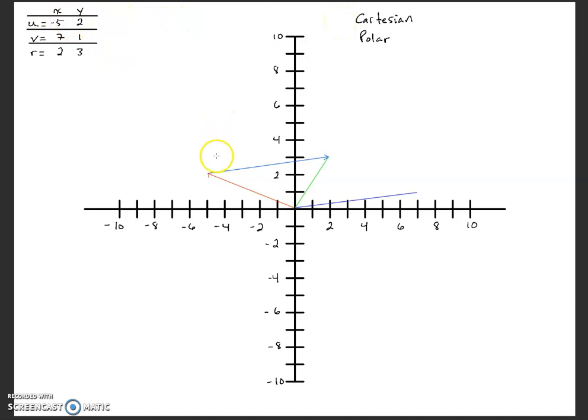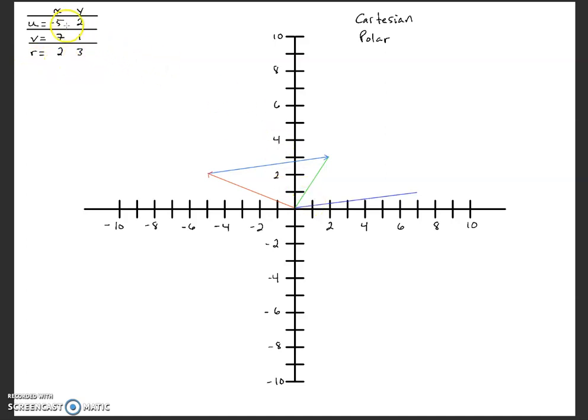I've given you a point where this magnitude is sitting at negative 5 on the x, and positive 2 on the y. And then the v vector is sitting at positive 7 on the x, positive 1 on the y. And then the resultant vector is sitting at 2 and 3.